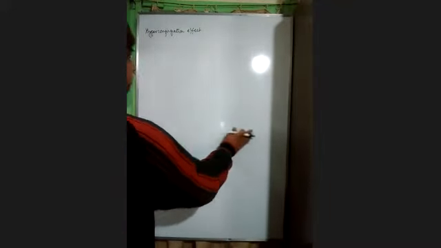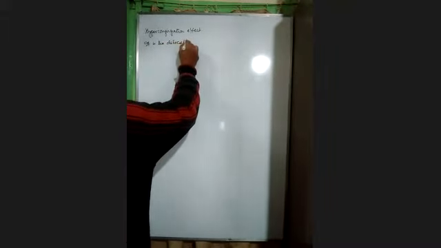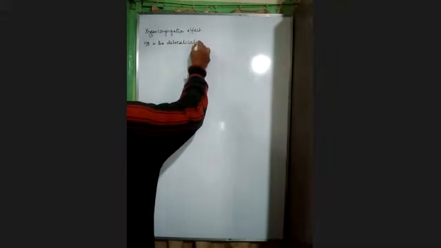So let us first write down the definition of hyperconjugation. Okay, right here. It is the delocalization. Delocalization means that it is getting shifted.